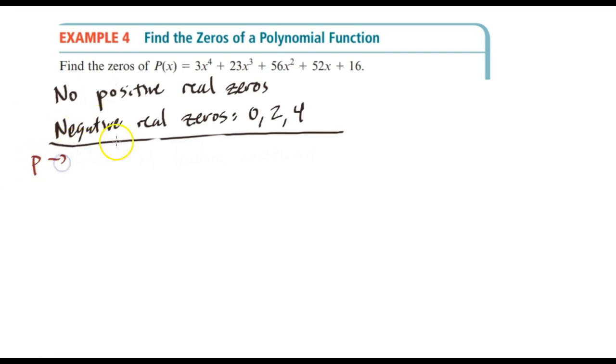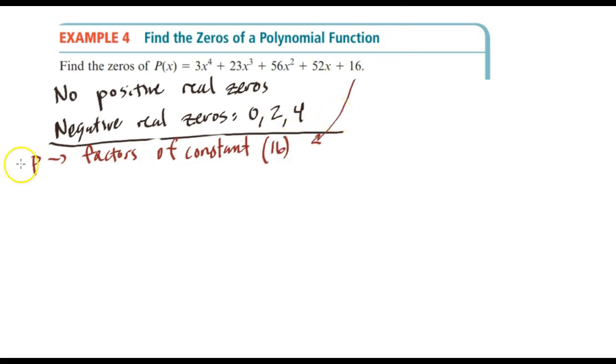P is the factors of the constant term, and the constant term in this case is 16.